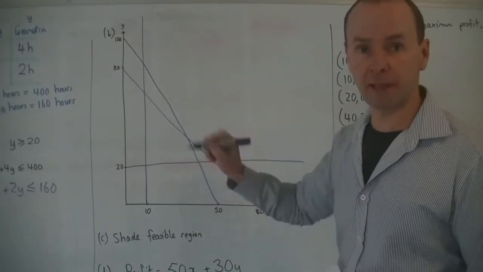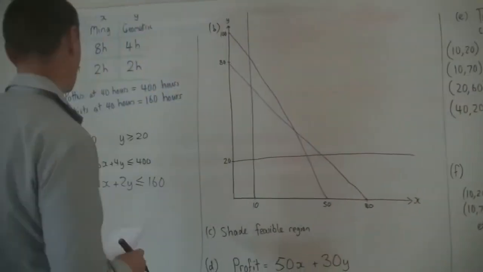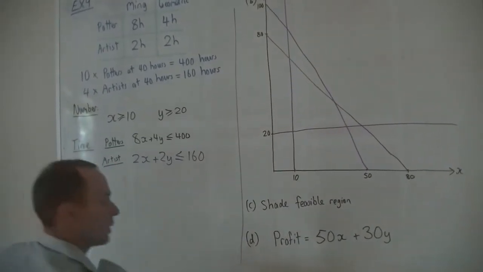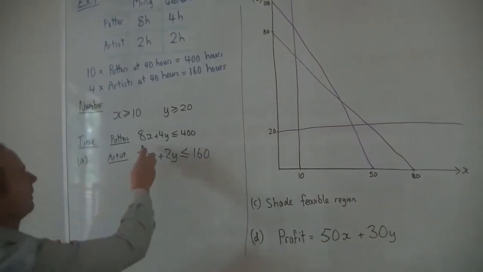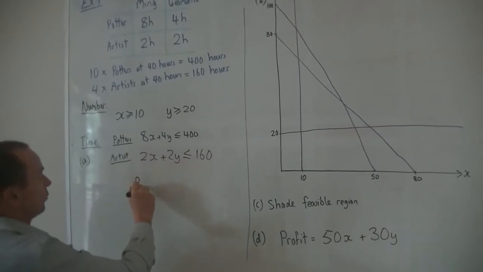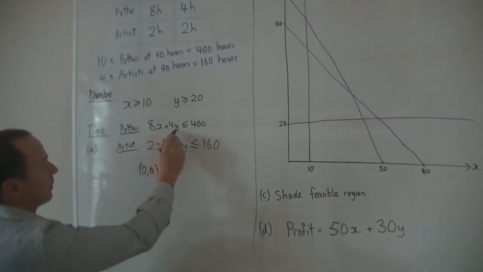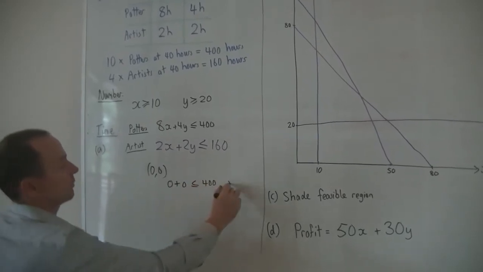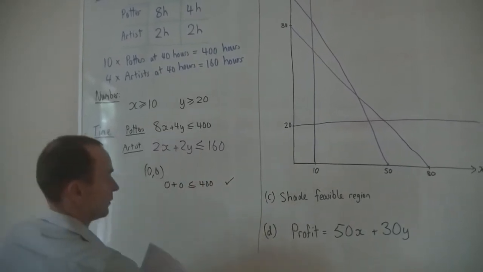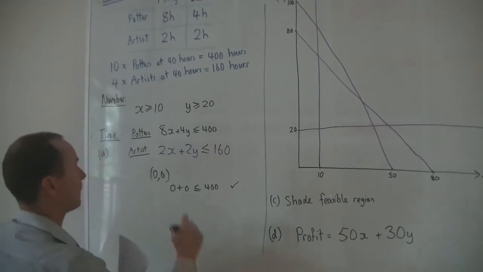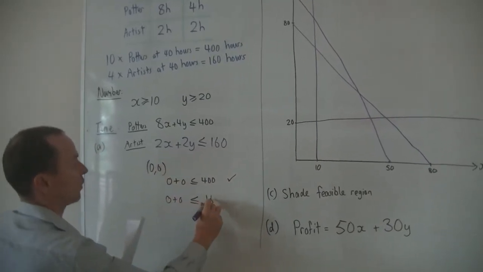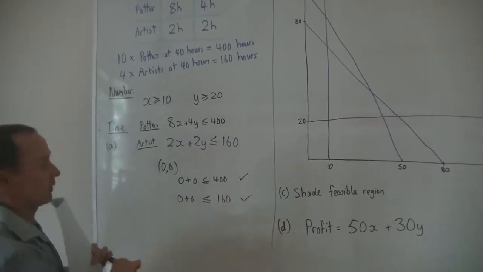You can do that with a test point, 0, 0, like always. I may as well just do it real quickly. So the black one, the test point for this one, we'll use test point 0, 0. We get 0 plus 0 is less than or equal to 400, which is correct, because 0 is less than 400. And the purple one, 0 plus 0 is less than or equal to 160, and that is correct as well.